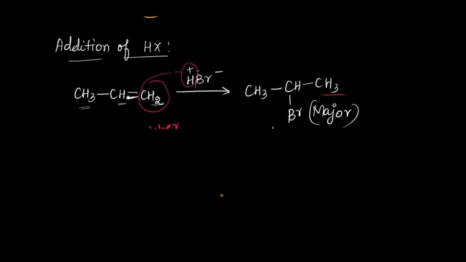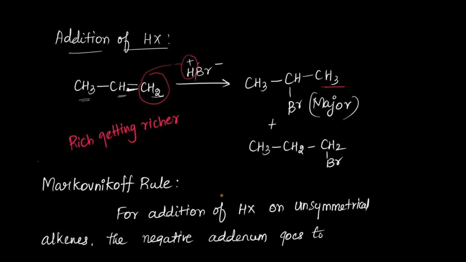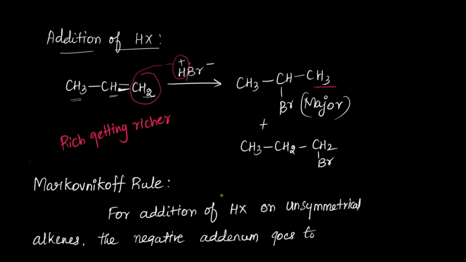Then addition of HX. Addition of HX follows Markovnikov rule. What does Markovnikov rule say? When you are adding HX to unsymmetrical alkenes, the negative part goes to the more substituted side, right?